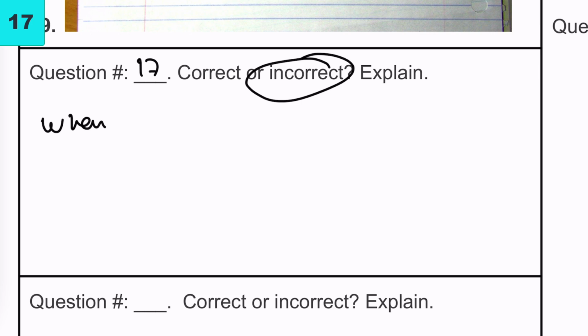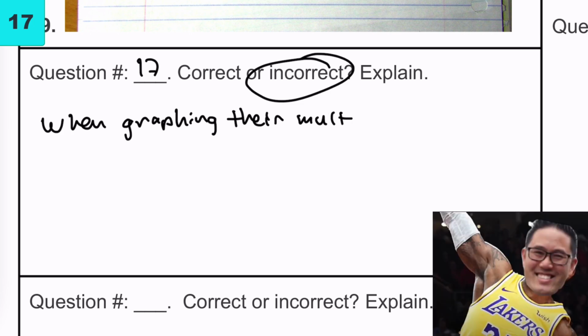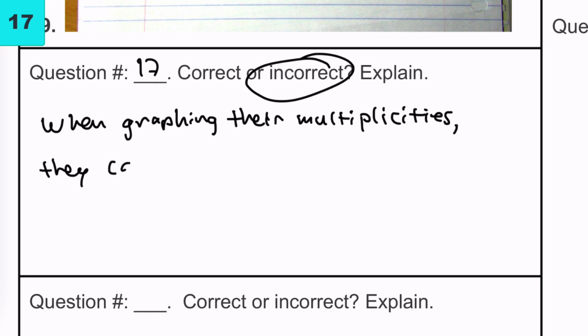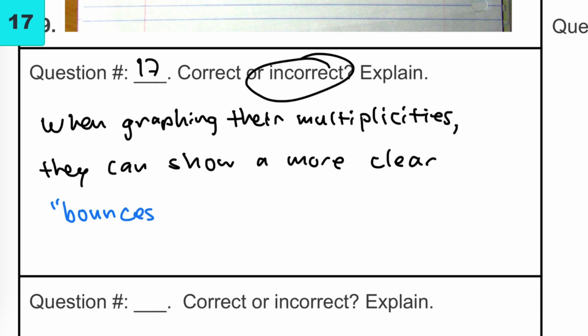When graphing their multiplicities, they can show a more clear bounces or kisses and shoot throughs.